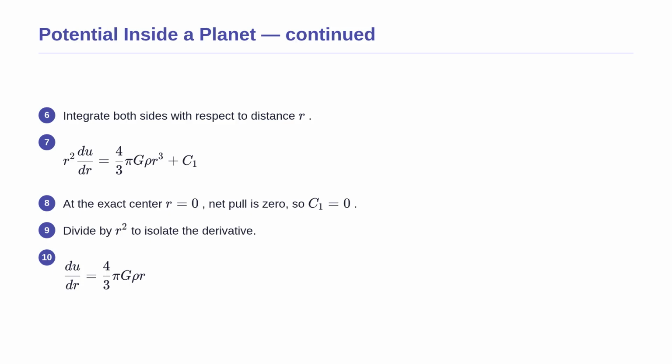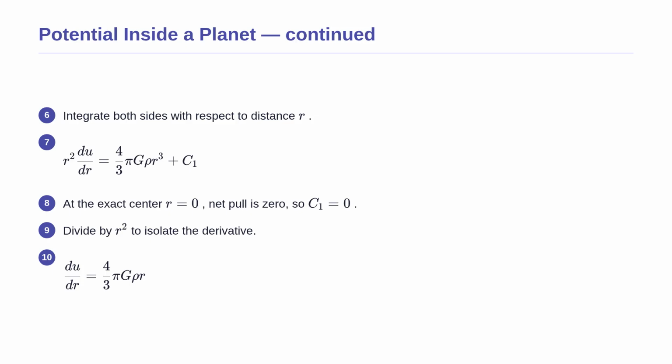Before we go further, we can figure out the value of this constant. At the exact center of the planet, the radius is 0. Plugging 0 into this equation means the constant C1 must be exactly 0 to keep the equation balanced. This makes physical sense because there is no net gravitational pull at the exact center of the Earth.